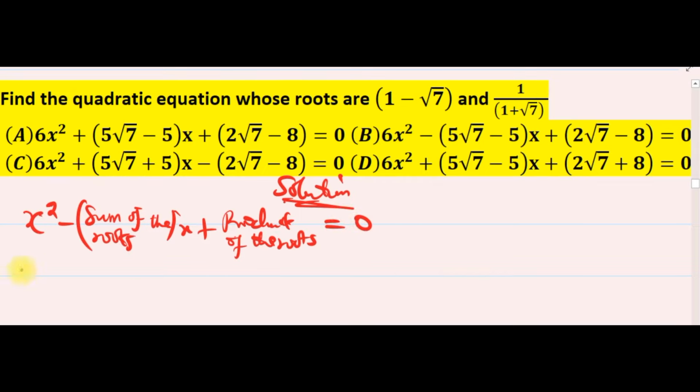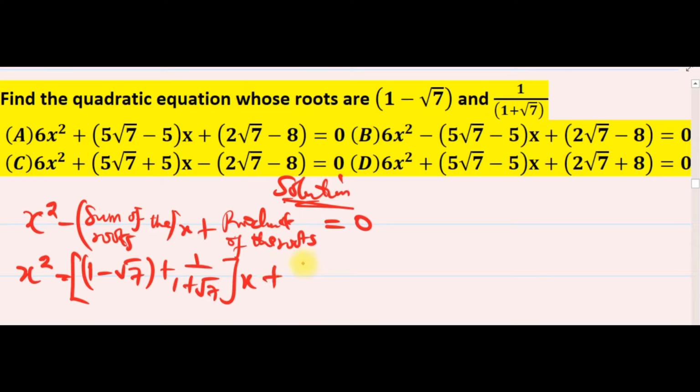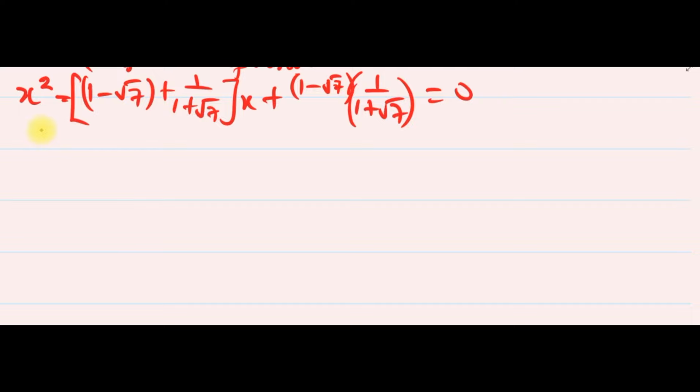They gave us the roots, so we just substitute: x squared minus the sum of the roots, 1 minus root 7 plus 1 over 1 plus root 7, times x, plus the product, 1 minus root 7 times 1 over 1 plus root 7, equal to 0. So we have x squared minus, let's rationalize this.